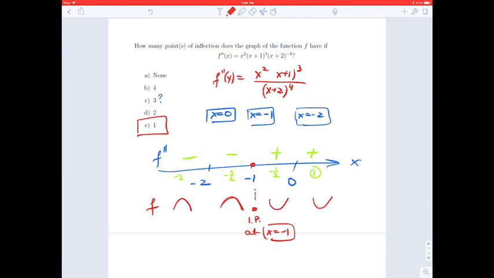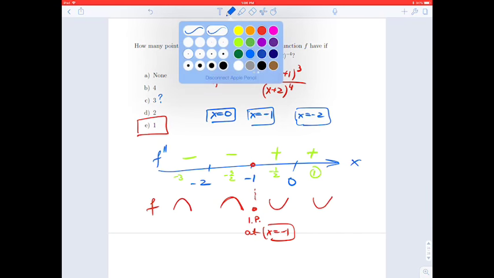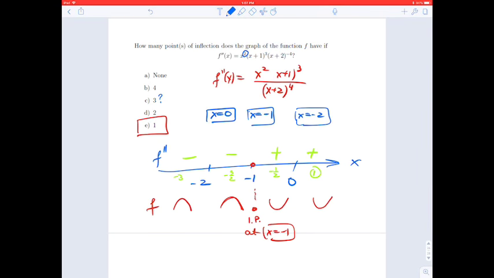Another way to look at this a little bit faster, because I analyzed it completely with the test value, is to look at these exponents. Can you see 2 and 4? I can write here 2 and 4, the even ones. That means 0 came from the even and negative 2 came from the even multiple.